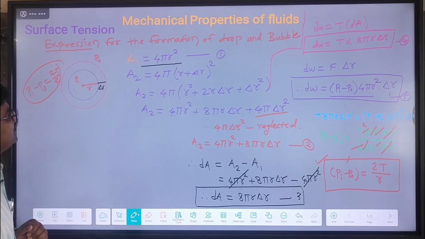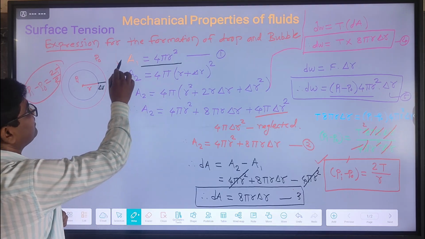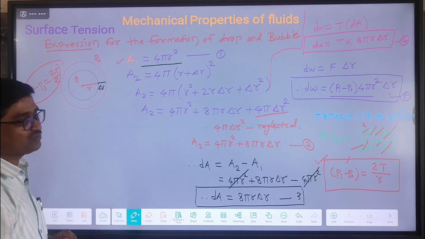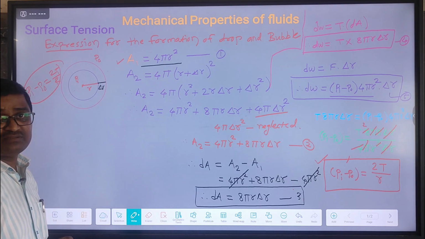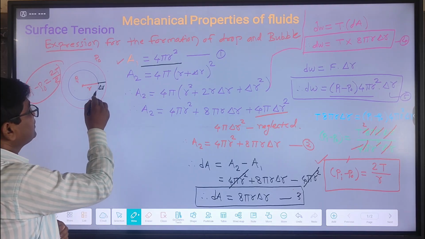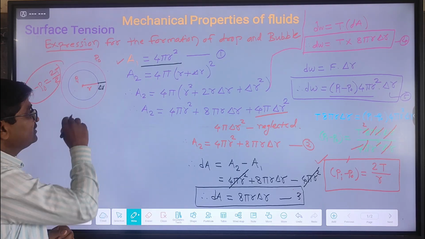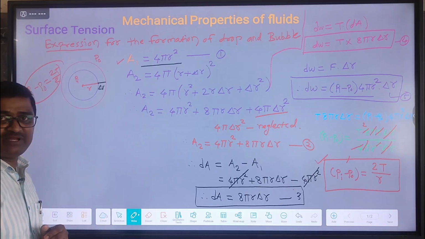Get it clear? Now the initial surface area of the bubble is the same, that is 4 pi r square. Due to the excess pressure, the inside surface is concave, so the inside pressure will be high, and the outside is convex, so the outside pressure will be low.